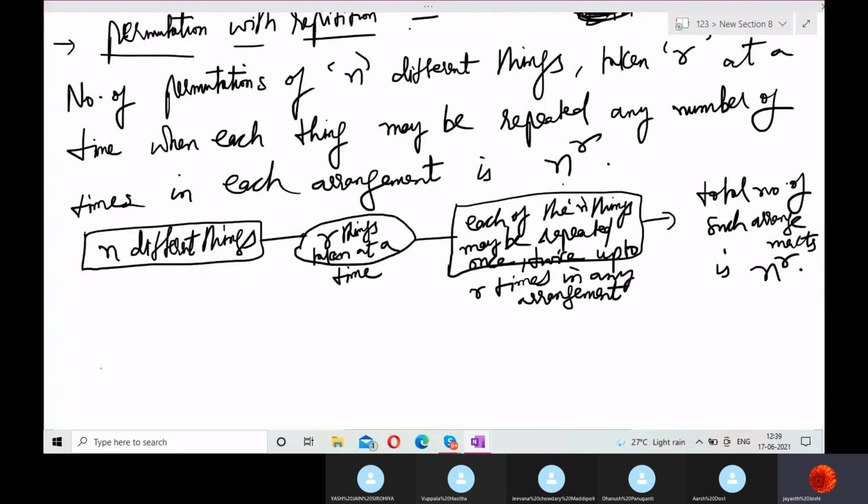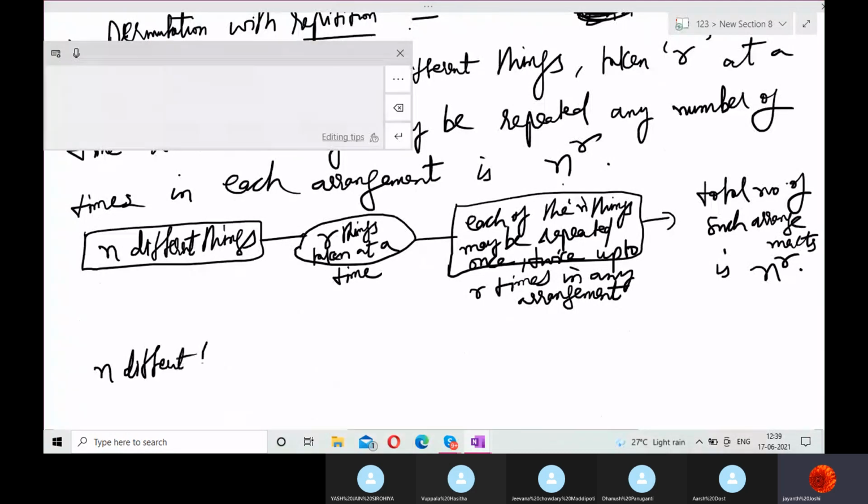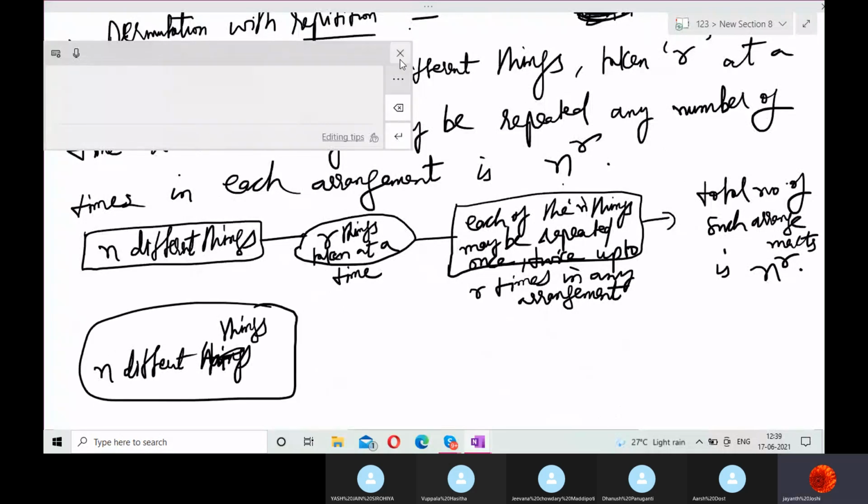So here we have n different things. And here we have r blank spaces.